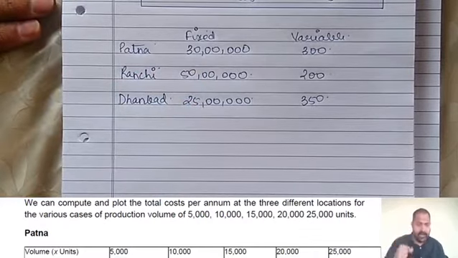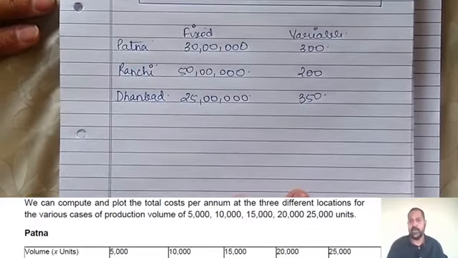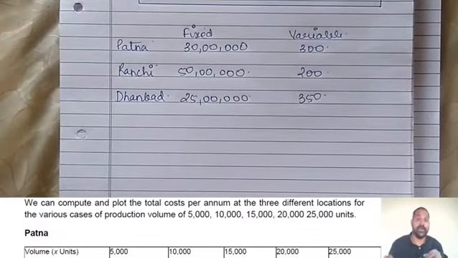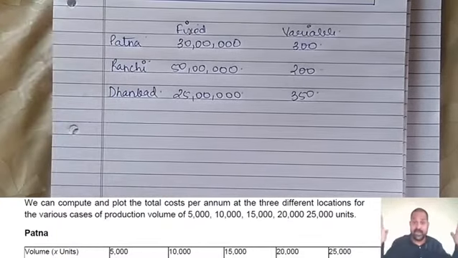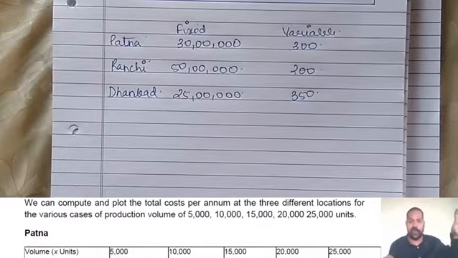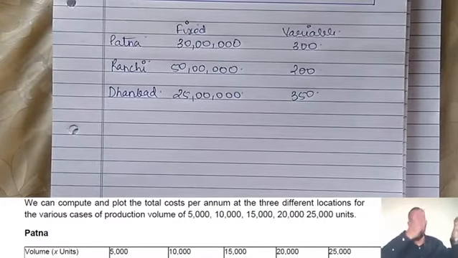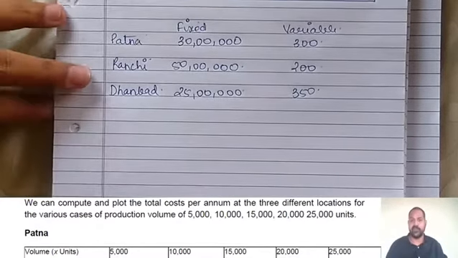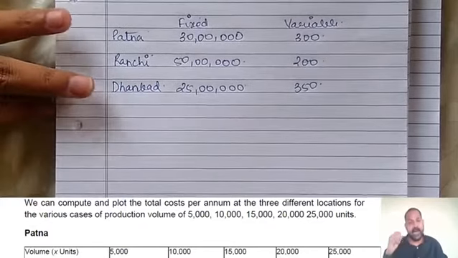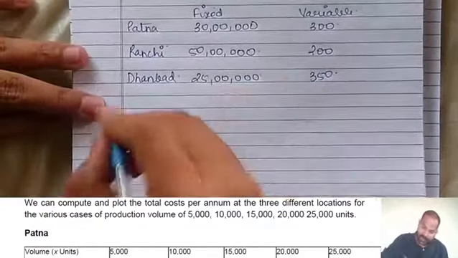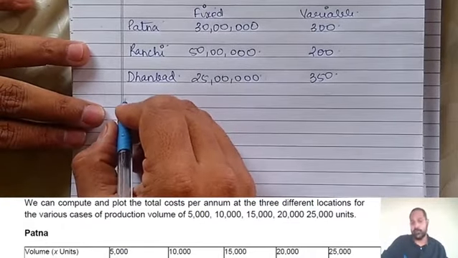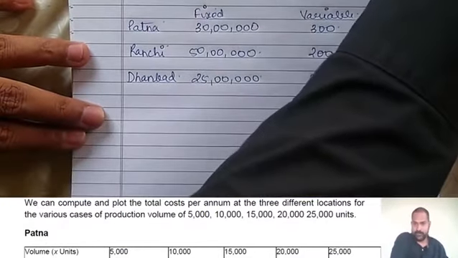Why they have done it, I will tell you once the entire question is completed, because then it will be more fun explaining it to you. So what is the range that they have chosen? They have gone from 5,000 up to 25,000 by varying by 5,000 units. Fantastic. I'm also going to do exactly the same. Before doing that, let me write down the total cost of the 3 locations.